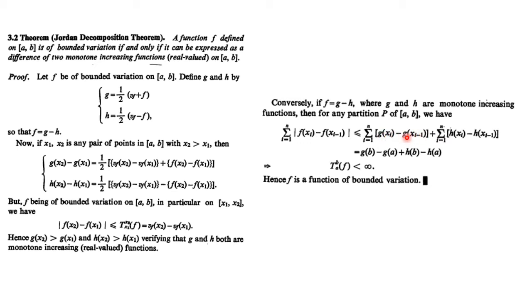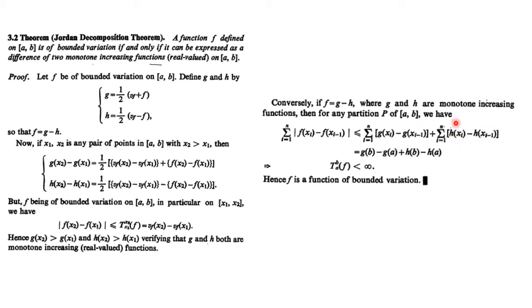So now just see, g of x1 will be cancelled with g of x1, similarly g of x2 cancels out with g of x2 and so on. We are left with g of xn minus g of x0. g of xn is nothing but g of b and g of x0 is nothing but g of a.